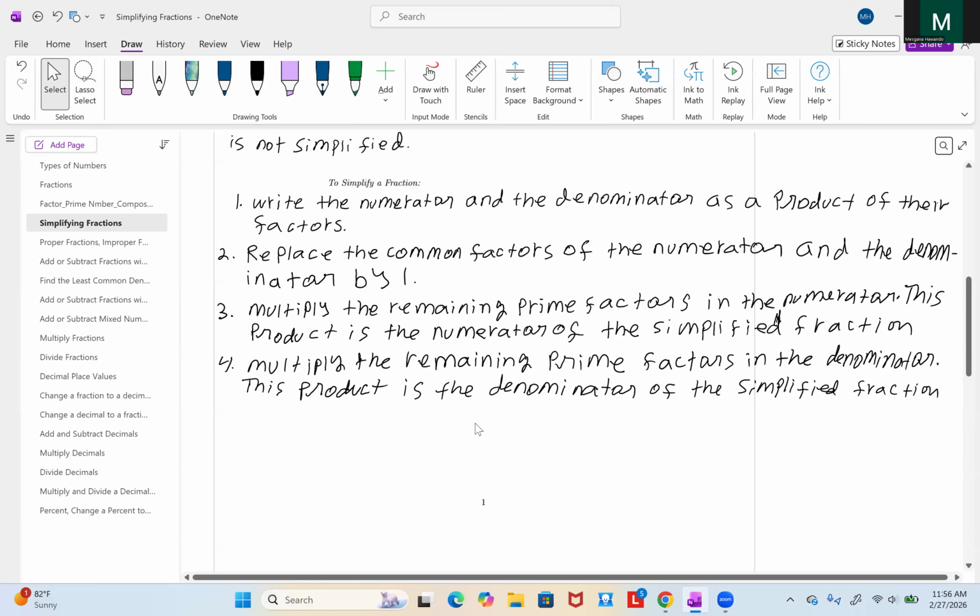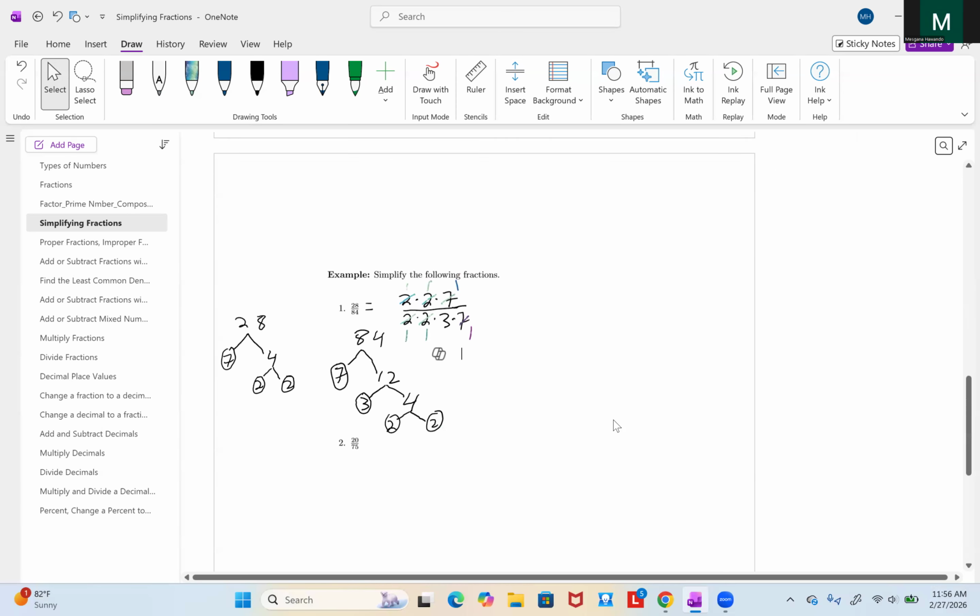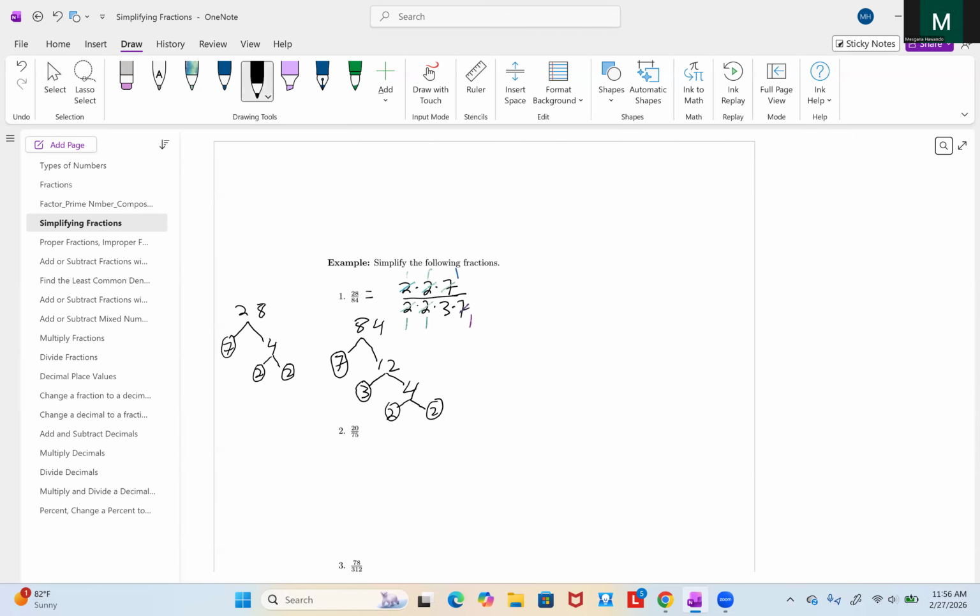This product is the denominator of the simplified fraction. So now this here is equal to 1 times 1 times 1, which is 1, over, in the denominator, 1 times 1 times 3 times 1, which is 3. So simplified, 28 over 84 is equal to 1 over 3.